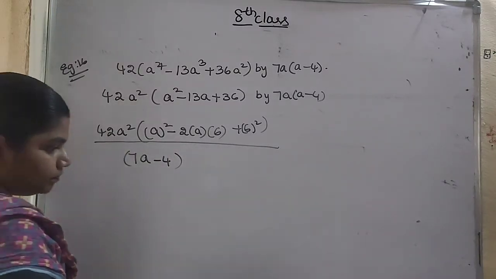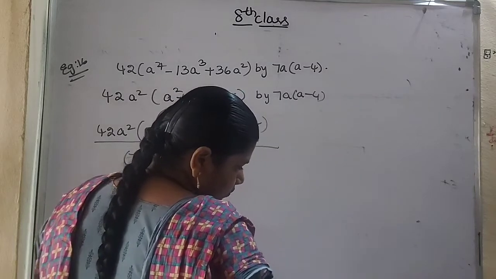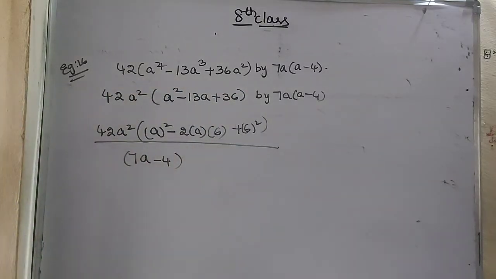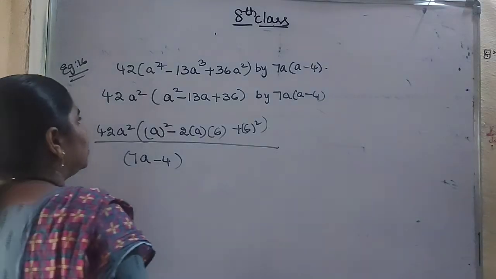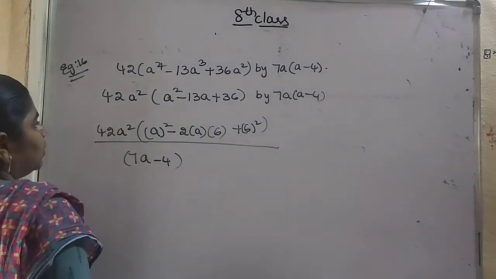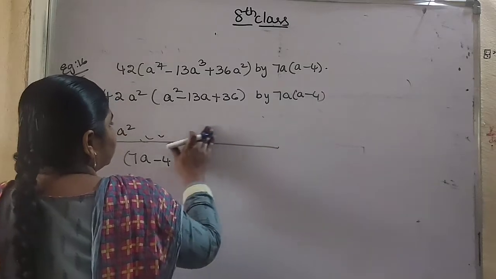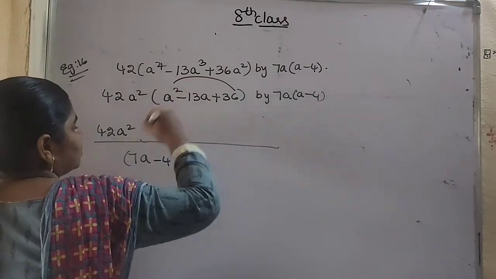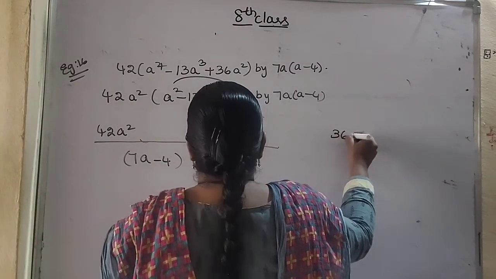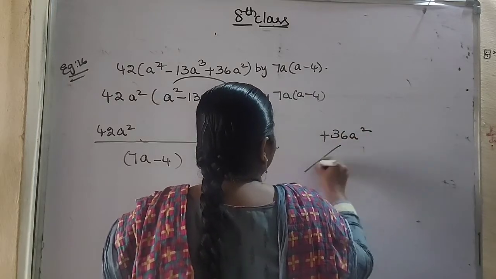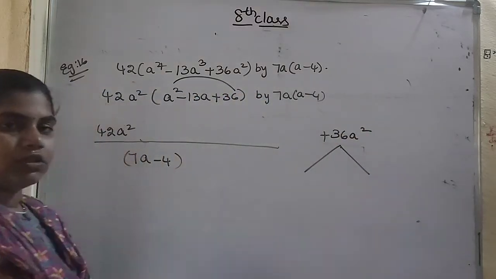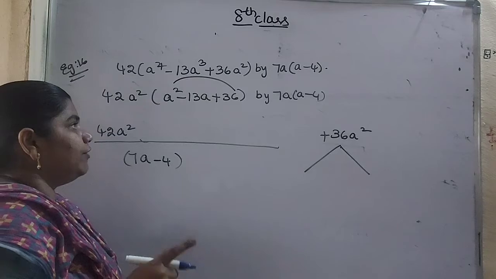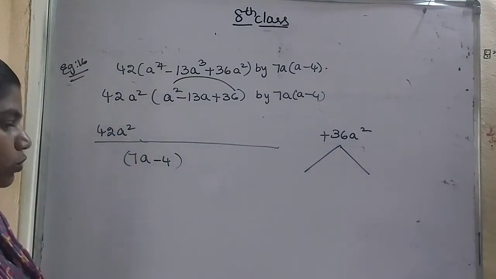But here it is 13, so we should not apply this. So we multiply the first term and last term, that is 36 a square. If you do multiplication, that should be equal to 36, and if you do addition, that should be equal to 13.